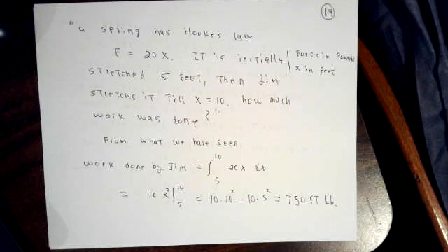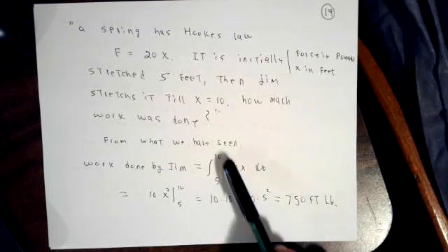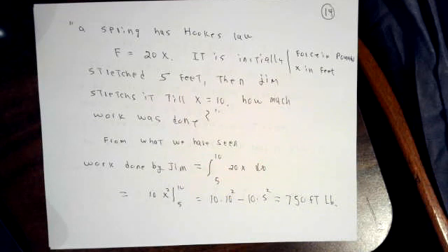Having seen what we've done already, I'm going to integrate from the initial displacement 5 to the final displacement 10, f of x, the force with respect to x. This is the integral from 5 to 10 of 20x dx. Evaluating that is straightforward. You get 750 foot-pounds of force. Now, keep this question in mind because I want to compare and contrast it to the next question.